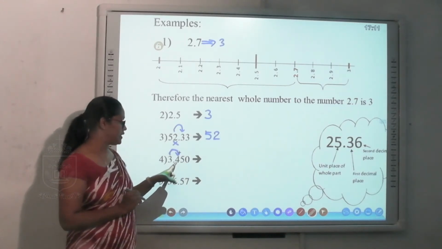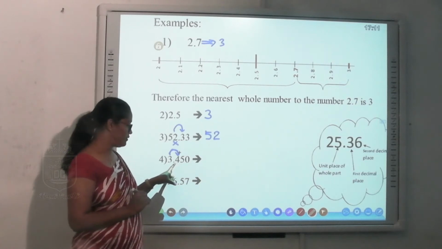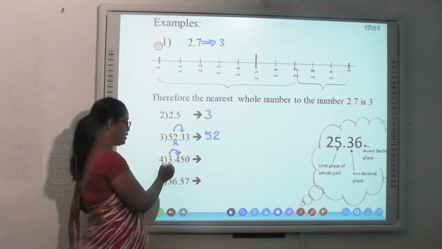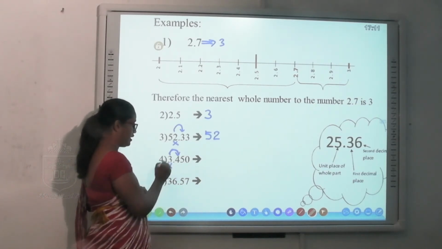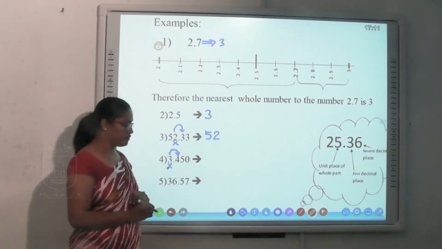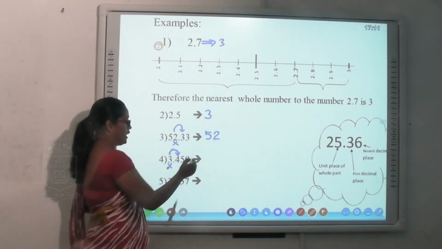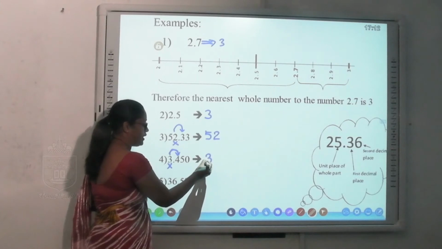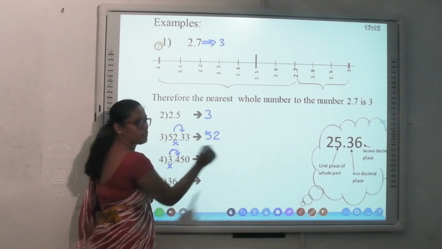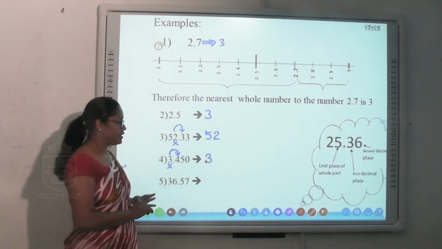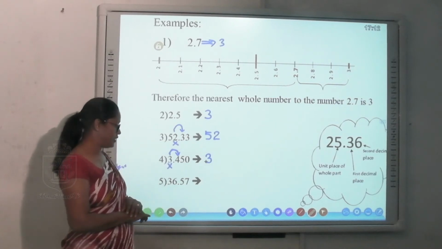Now you can see that is also less than 5, right? Less than 5 means we don't add any number to the unit place of the whole number. So the answer will be 3, right? 3.00, I'm not writing that part. So the whole number is 3, right?